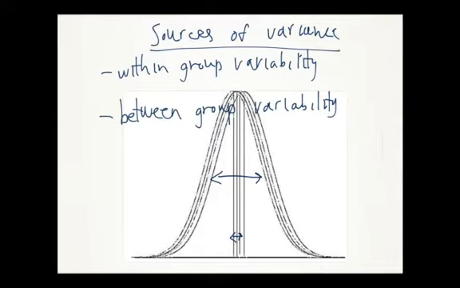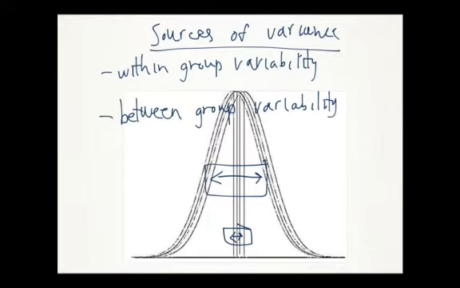You can see here that the within group variability, this stuff, is much larger than the between group variability here. So in this particular example, we would probably conclude that there's no difference between groups.